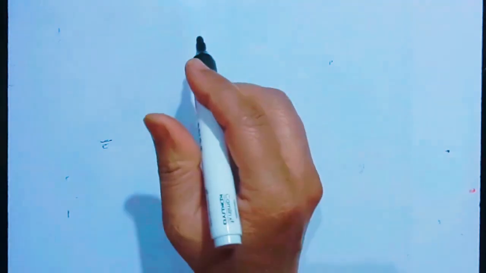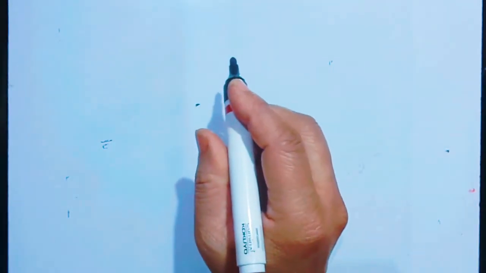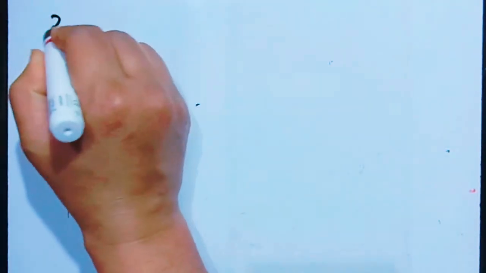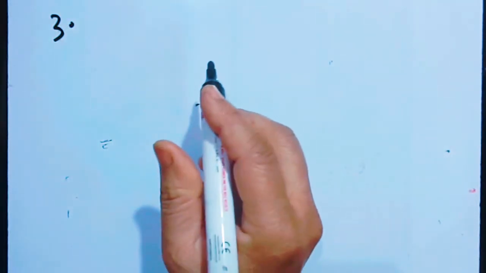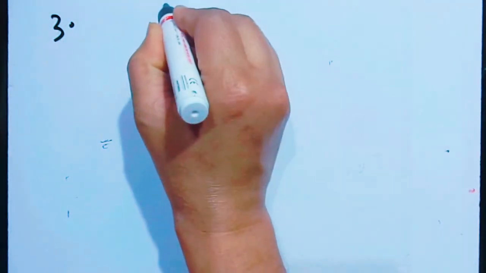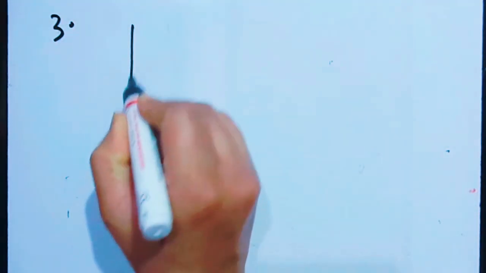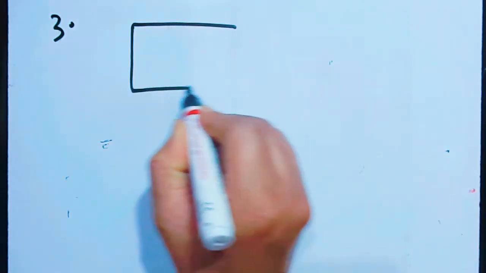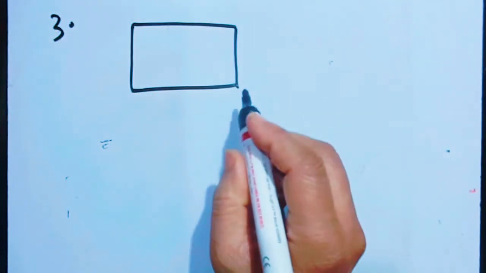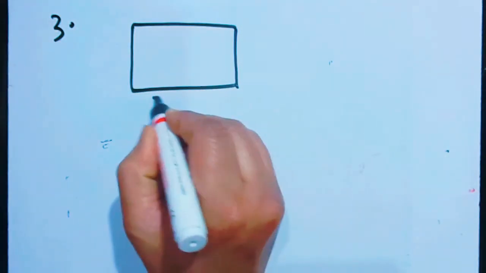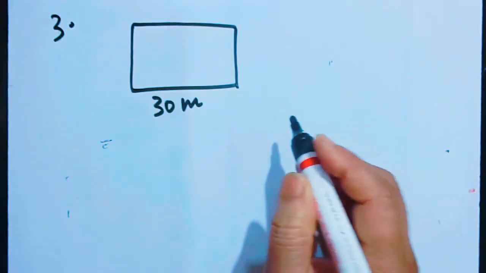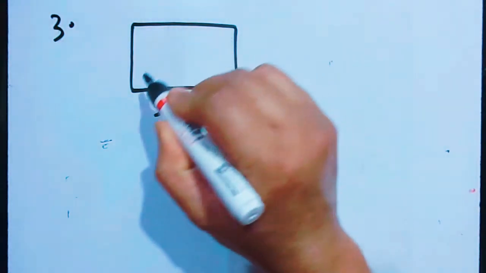And number 3 says the length of a rectangular field is 30 meter and the diagonal is 34 meter. So my dear, in number 3 we have length of a rectangular field given. So this is your rectangular field in which they have given you its length as 30 meter and its diagonal as 34 meter.